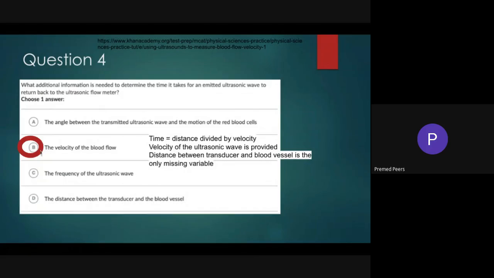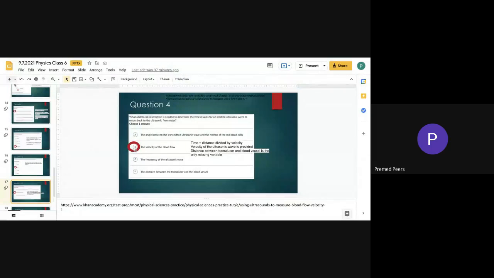Yeah, sorry, this should be D. Because velocity of the blood flow, you don't need. You have velocity of the ultrasonic wave, and you're trying to find the distance for the ultrasonic wave. So the velocity of the blood flow wouldn't help you. Okay.